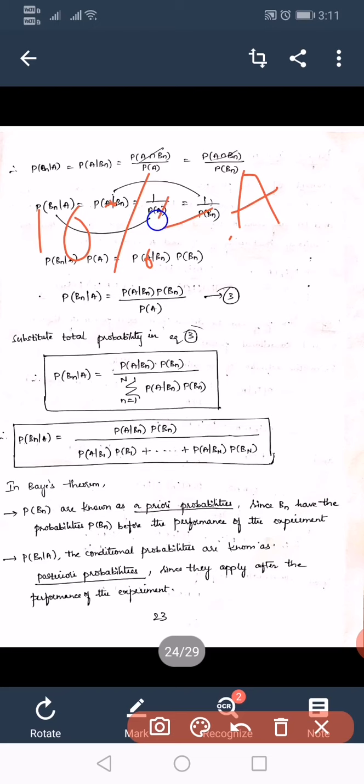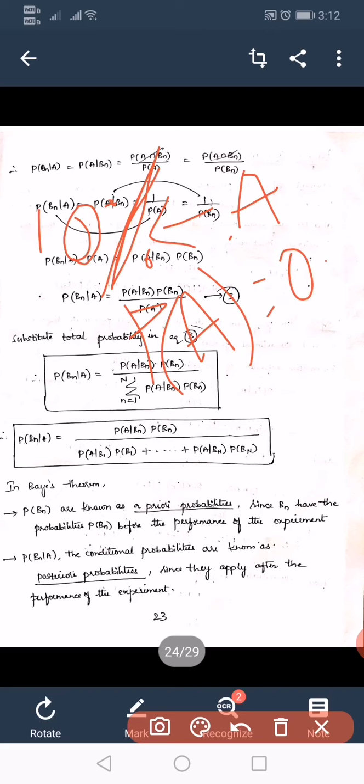That is event A. The test is not performed. That is 10%, that means 0.1. That means P of A is equal to 0.1.